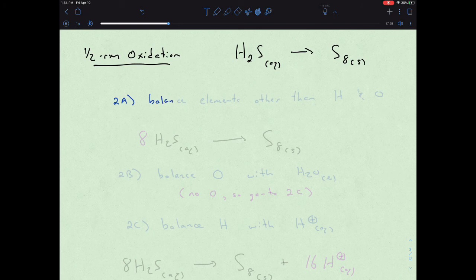So just reinforcing those rules again. We want to balance elements other than our hydrogen and oxygen. So we would have to put an 8 in front of our sulfurous acid so that the sulfurs are balanced.